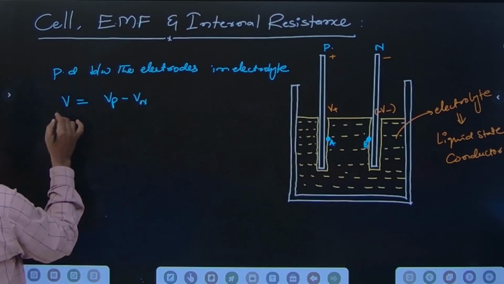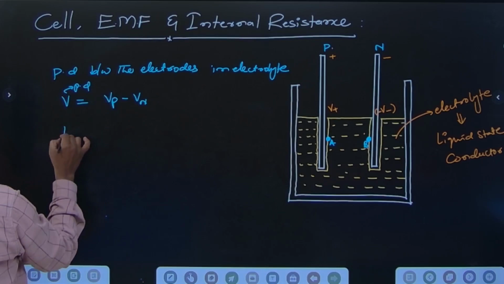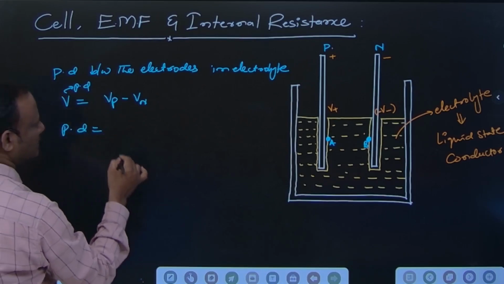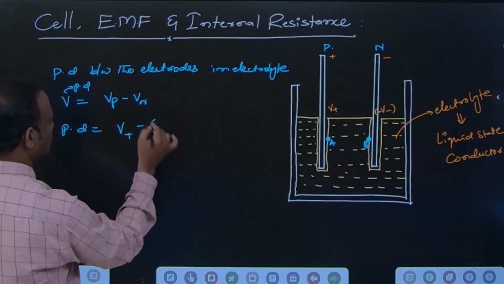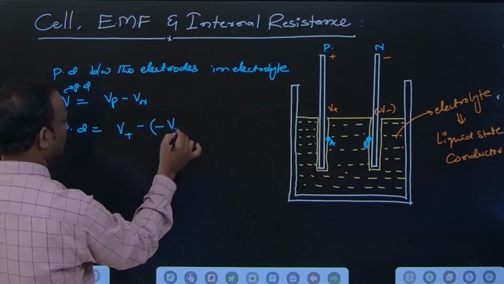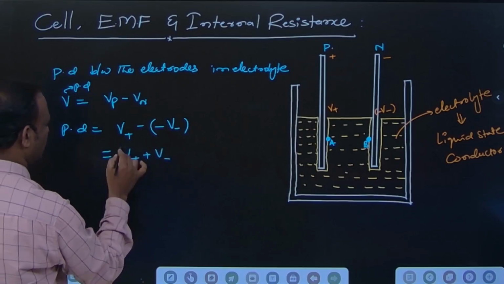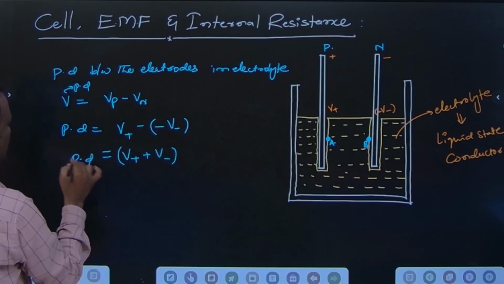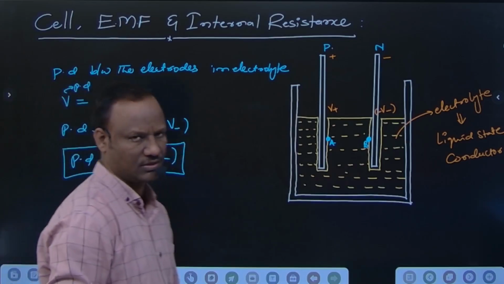This is the potential difference. Potential difference is equal to V plus minus V minus. So V plus and V minus give the potential difference between the electrodes in a given electrolyte.